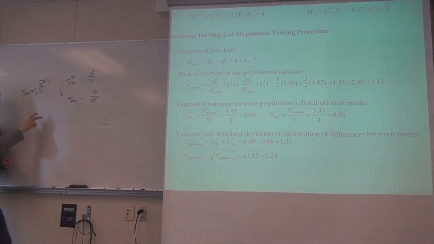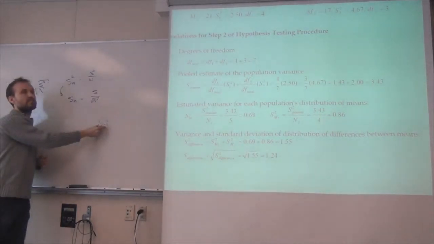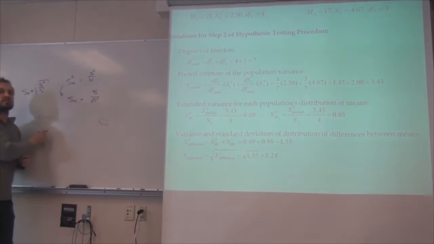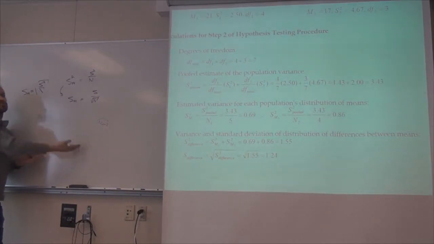Then how this specific sample mean that I got sits among all possible sample means that I could get from a sample of 10 is going to be different in terms of the variability than if I looked at a sample of just 3. This is going to have a lot of variability. This one not as much. So when I'm comparing how the sample sits within its distribution, I have to look at them separately initially.